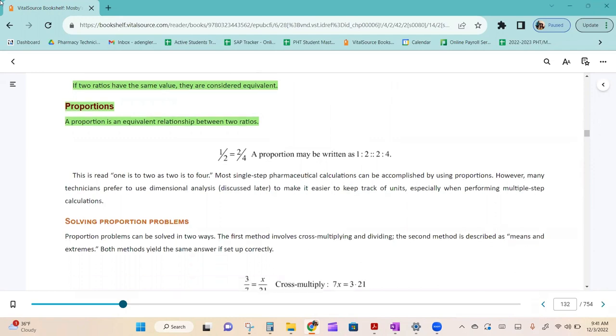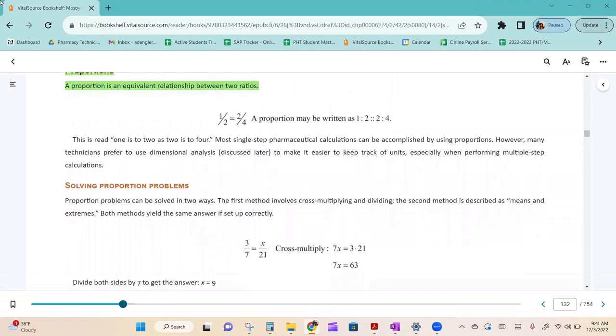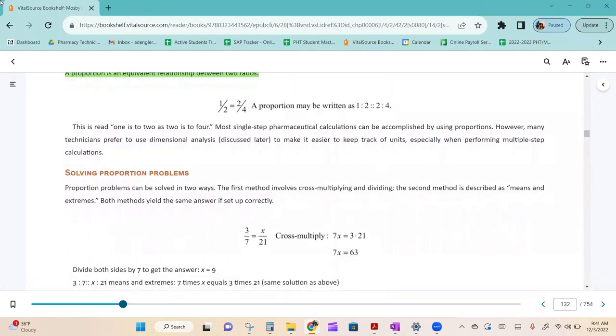All right, so we're going to do proportions. Proportions in the healthcare industry are the majority of the math that is done. For us, it's like 75% of the math that we will do in our career, and in this program, quite a bit.